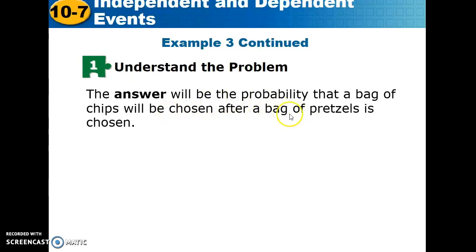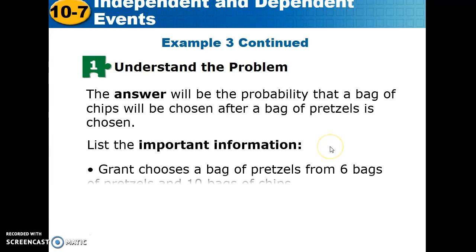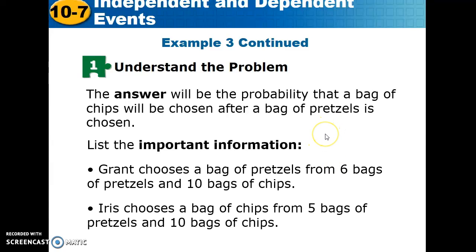The answer will be the probability that a bag of chips is chosen after a bag of pretzels. So we're going to list all of our important information so we understand what we're trying to get out of this problem. Grant chooses a bag of pretzels from 6 bags of pretzels and 10 bags of chips. So his probability will be 6 out of 16. Iris is then going to choose a bag of chips, 5 bags of pretzels now, and 10 bags of chips still.